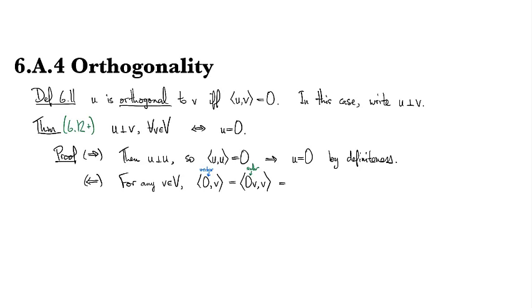And then this is by homogeneity 0 times the inner product of v with itself. So that's by homogeneity. And then we've got 0 times a scalar is always 0. And that's by field axioms. And the end, we're done. Okay, so I told you, it was dead simple.